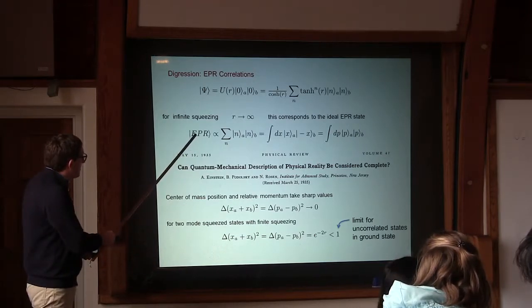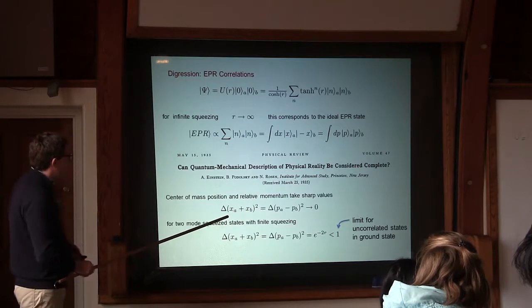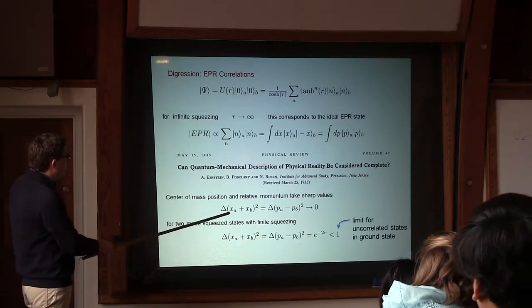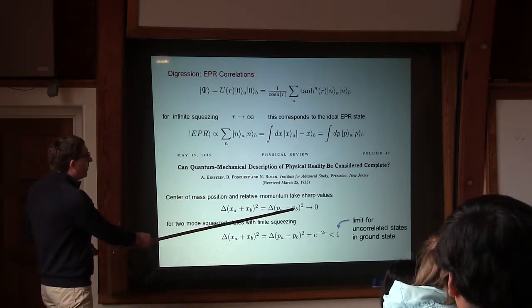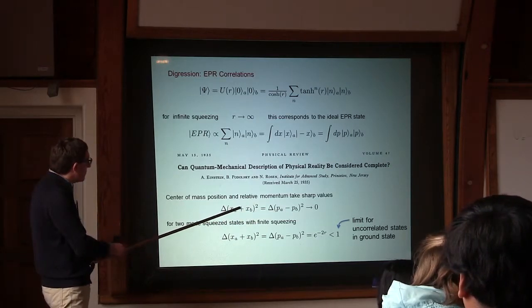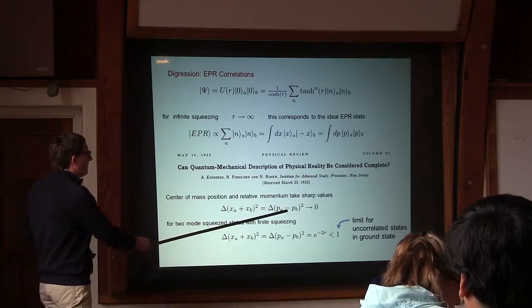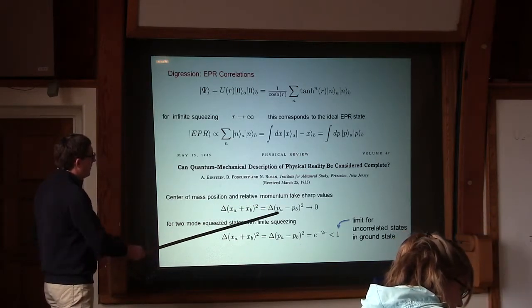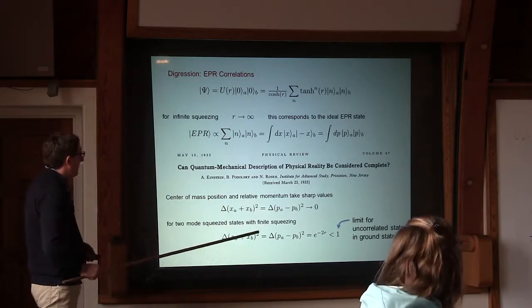For such an EPR state, if you look at this representation here in position and momentum basis, you see that the sum of the positions and the difference of the momenta take on sharp values. So the variances of these non-local observables, sum of positions, center of mass position, relative momentum, take on sharp values.